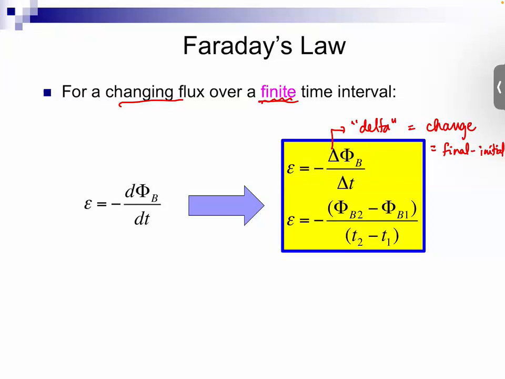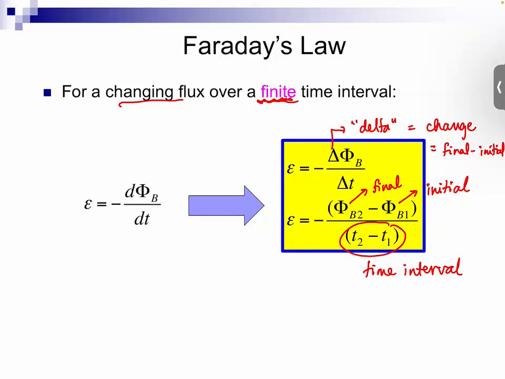So practically, if you're just looking at a finite time interval, you can calculate how much voltage is created in your loop by determining the final flux, the final number of magnetic field lines crossing your loop, minus the initial flux, or the initial number of magnetic field lines crossing the loop, and divide that by the time interval. So this is how you interpret this equation here.